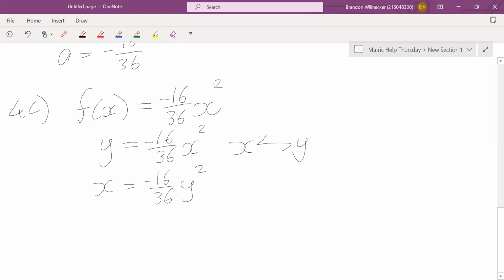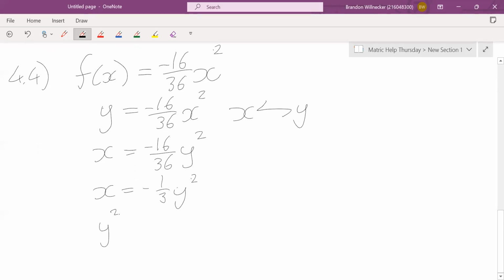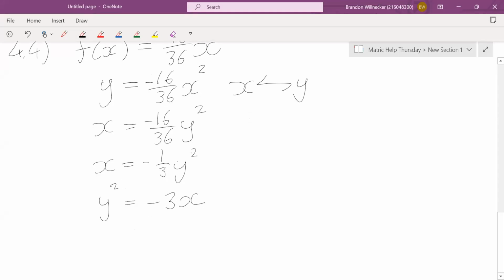Okay, we can simplify this. X is equal to minus 1/3 y squared. So y squared is equal to minus 3x. Okay, now we need to take the square root of this. So y is equal to the square root of minus 3x.